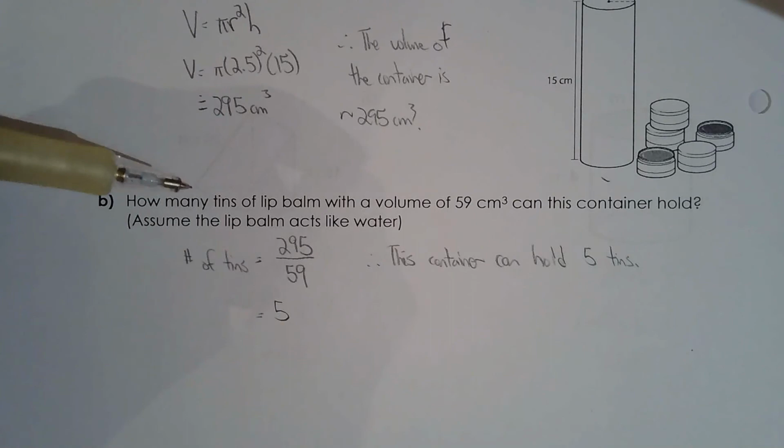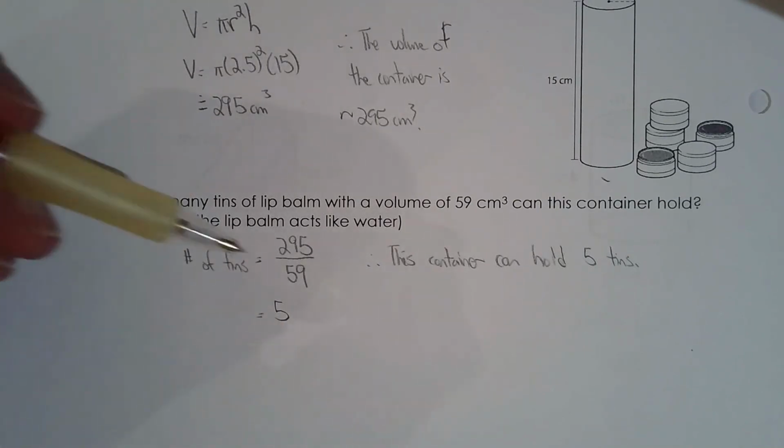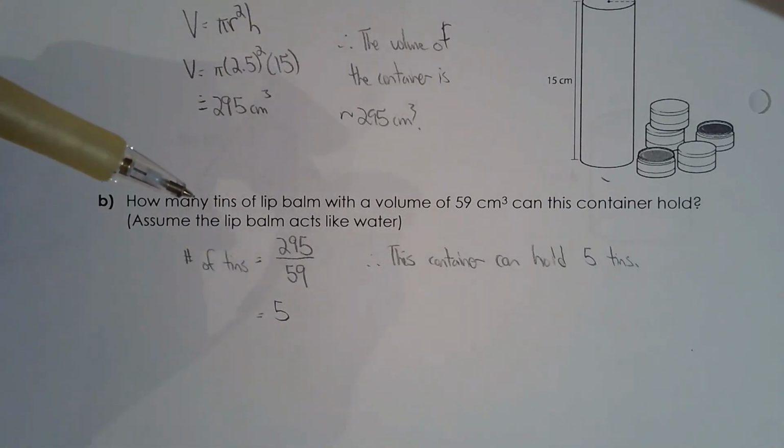There's going to be empty space. But for argument's sake, we're just going to divide 295 by 59.